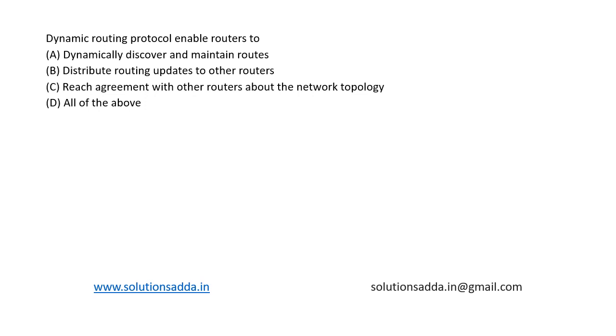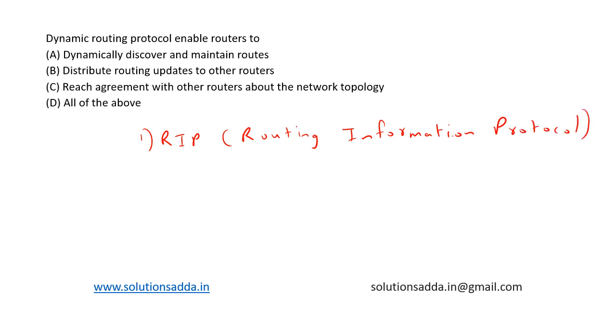There are different dynamic routing protocols. Some of the examples are RIP, that is Routing Information Protocol. Another one is OSPF, that is Open Shortest Path First.